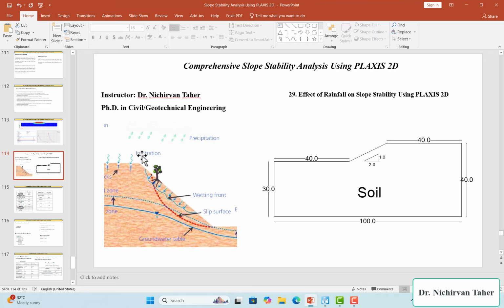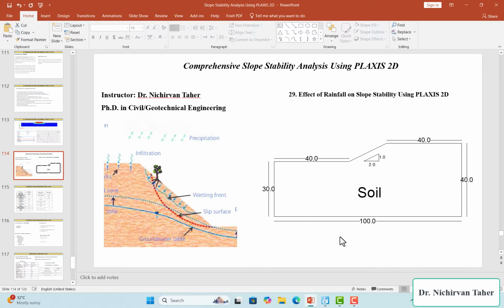When this water infiltrates into the soil and the water table rises, it affects the effective shear strength properties of the soil. So it decreases the shear strength of the soil and decreases the factor of safety of the slope. So we will model this geometry in this tutorial.